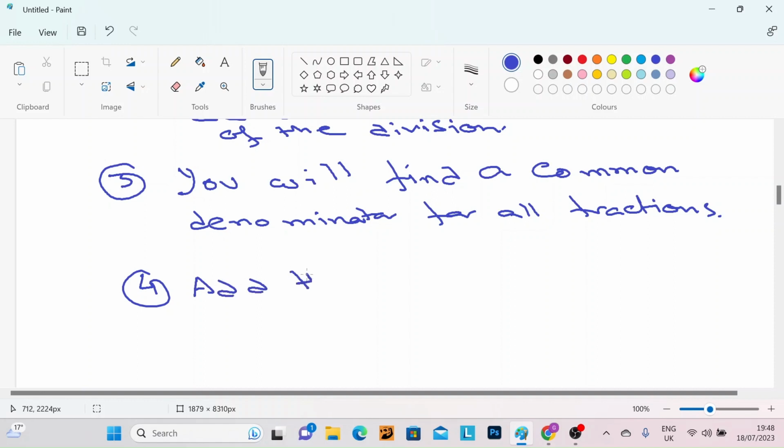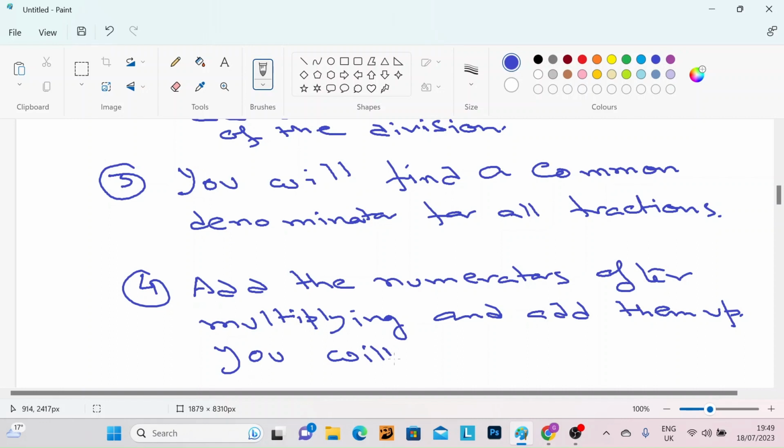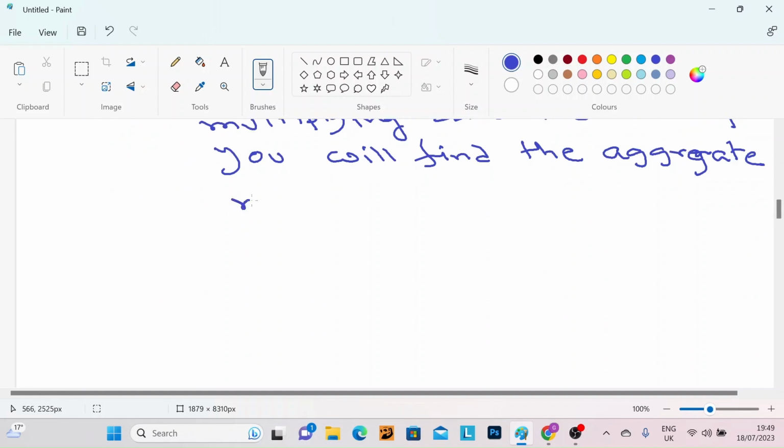Then add the numerators after multiplying and add them up. You will find the aggregate numerator.